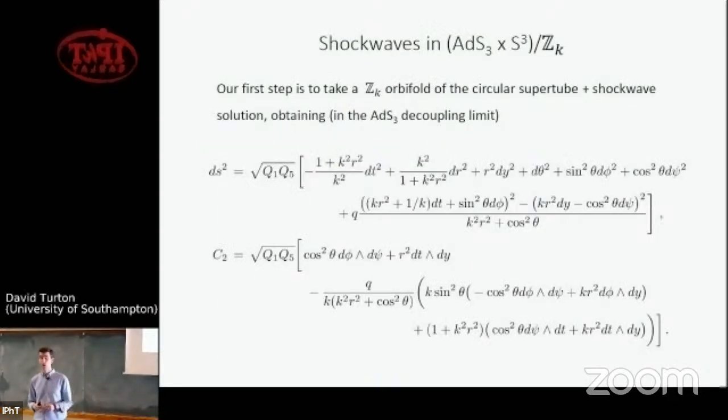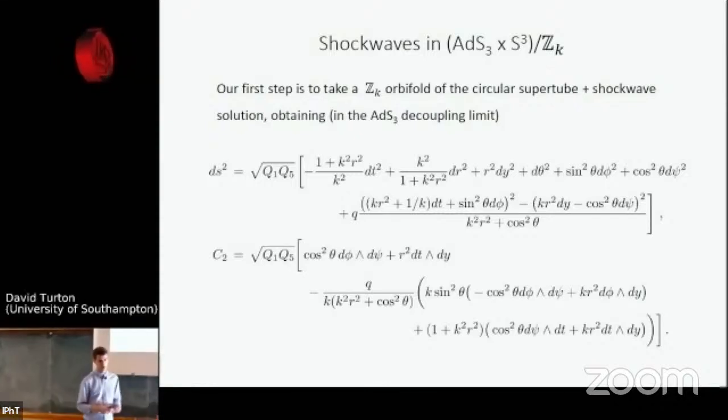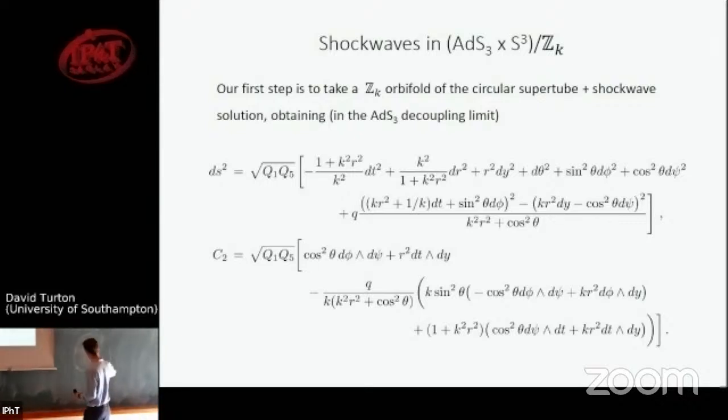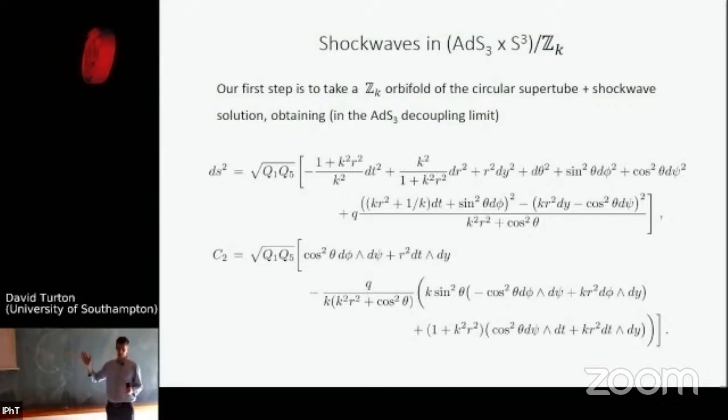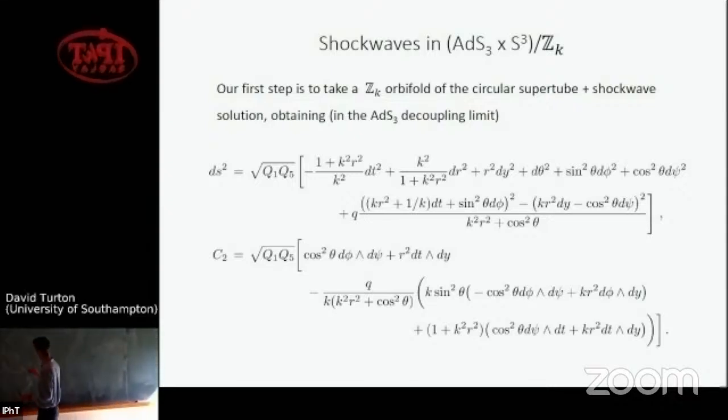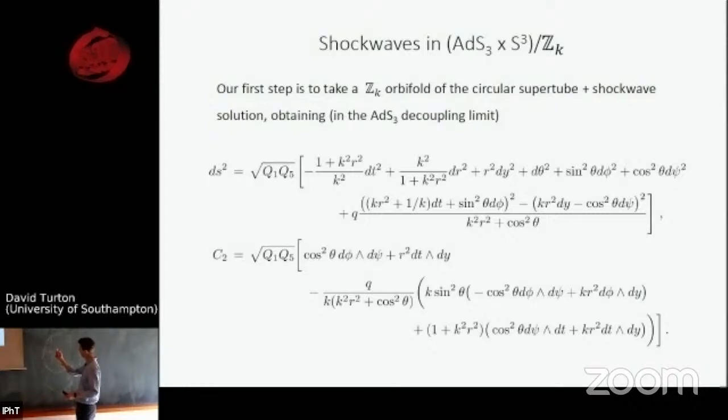Okay, so in our construction, we're going to do something similar. But first, we're going to take Lunin-Mathur's k=1 shockwave solution, and we're going to introduce the Zk orbifolding. So we're going to have this supertube which winds on top of itself with a shockwave and with the Zk orbifold.